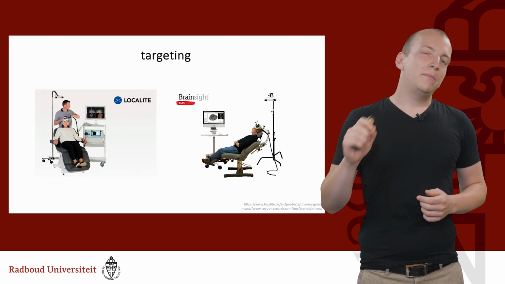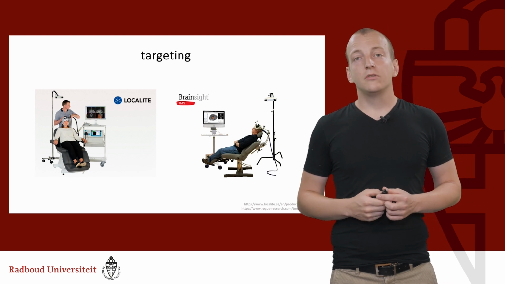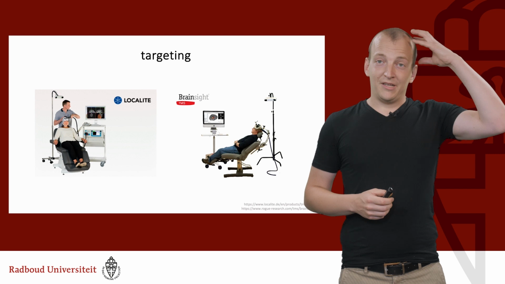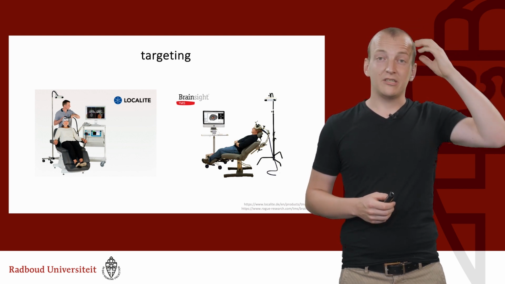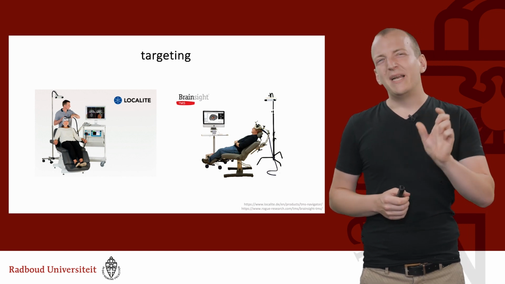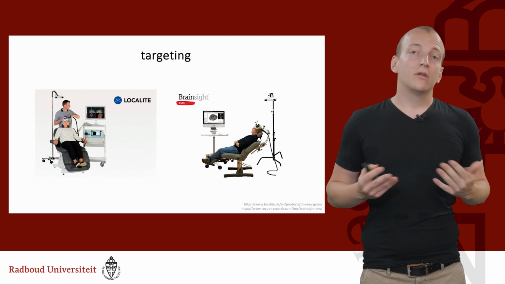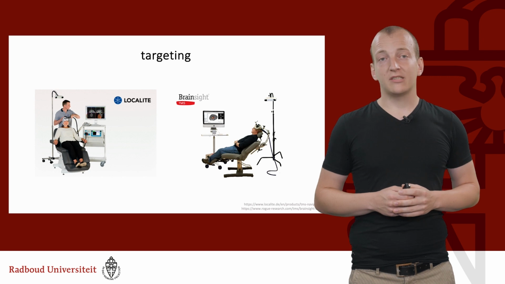So going a bit more into practice. When we target, we often use something called neuronavigation, because if we just put the stimulator anywhere, we don't know exactly which brain region we are targeting. In particular, for a brain stimulation technique in which we can have a millimeter precision, we need to be very accurate. And that is why we often acquire a brain scan of our subject before we start stimulating.